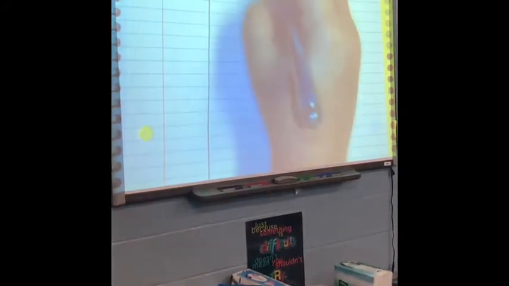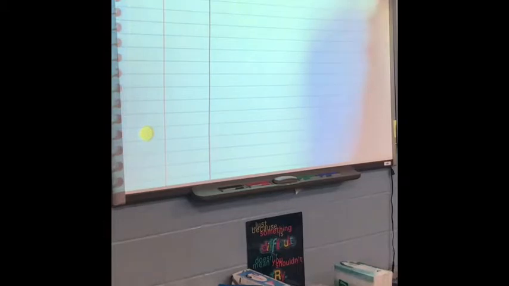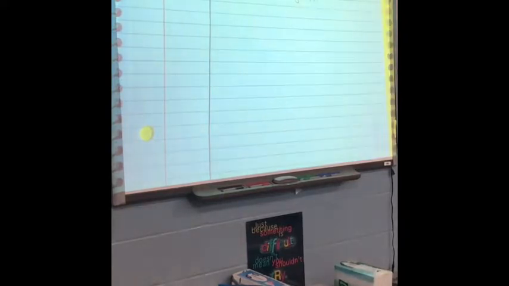Multiply one or both equations by a number to result in the two equations having opposite terms, meaning like 3 and -3, 1 and -1, just opposite terms.